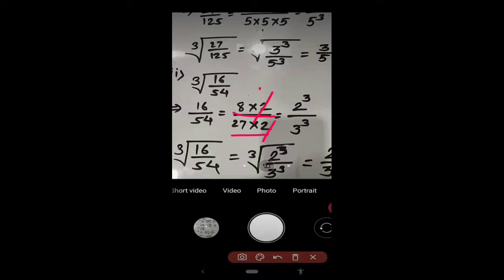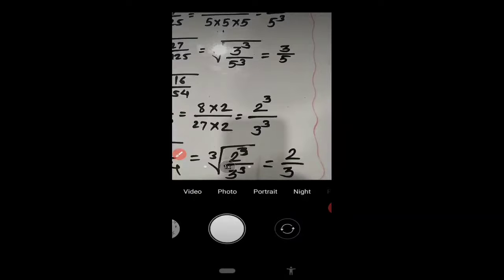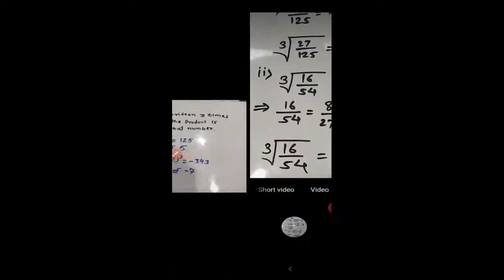So 8 upon 27, but we know, friends, that 8 is a cube of 2 and 27 is a cube of 3, means 2 cube upon 3 cube. The cube root of 16 upon 54 equals the cube root of the cube of 2 upon the cube of 3. Then the cube root and the cube get cancelled. So that is 2 upon 3.